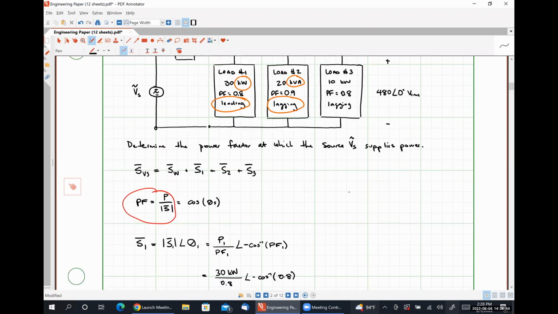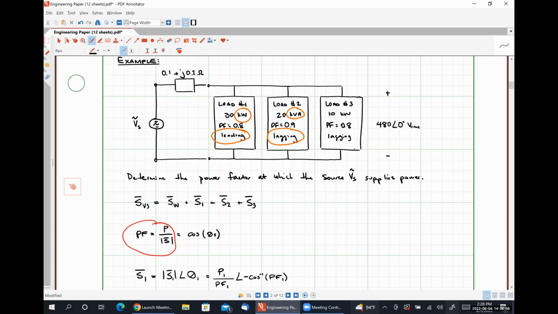All right, scroll back up here. Now you guys tell me what the angle is supposed to be. Is it going to be negative inverse cosine of 0.8 or positive inverse cosine of 0.8? So it's going to be positive inverse cosine because we have a lagging power factor.